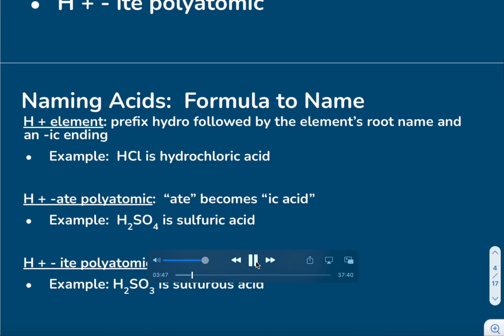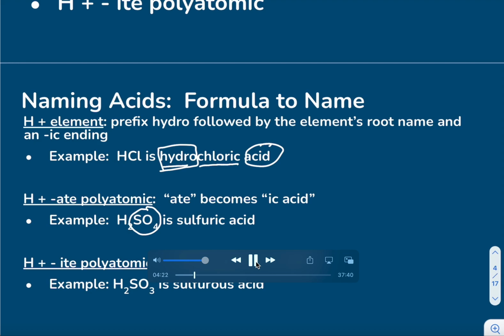So going from formula to name, if it's just H plus an element, we do hydro, the element name with IC, and then the word acid. So if it has hydro, it is not a polyatomic. If the formula is an ATE polyatomic, okay, so if you look at everything other than the H, and we see that this is sulfate, ATE becomes IC acid.